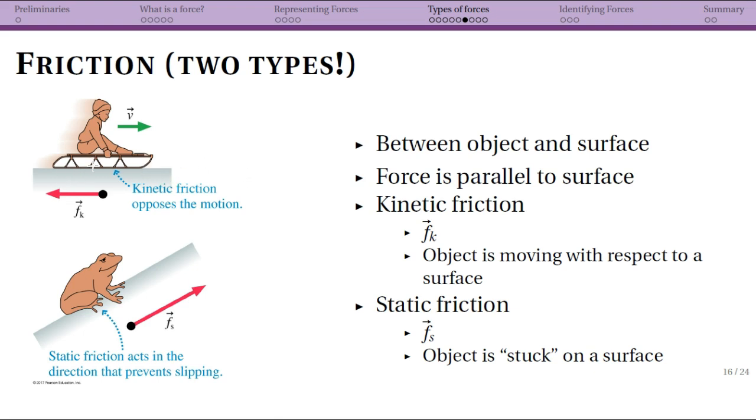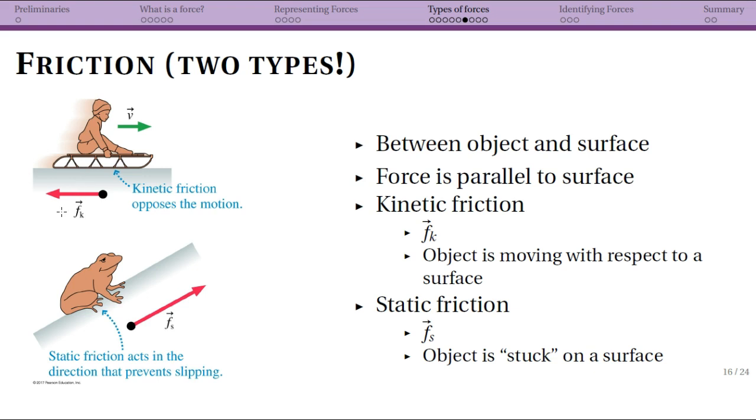So there's relative motion between the ice and the sled. The force is going to be parallel to the surface. Now obviously in both of these situations we have a flat or a straight line surface. If you imagine some curvy surface, it's going to be parallel to the point that the object is in contact with. That's a nice simplification.